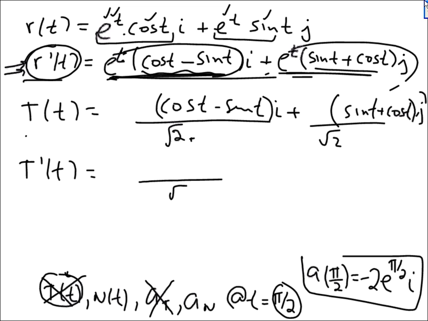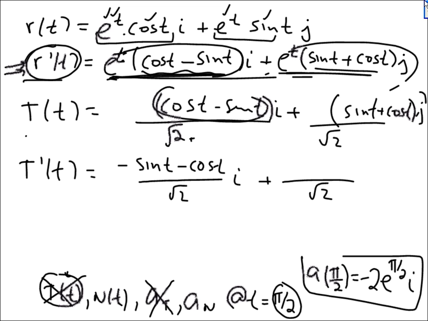The square root of 2's in the bottom just come along for the ride. Take the derivative of the tops. You get negative sine of t minus cosine of t over square root of 2 times i, plus the derivative of the top here, which is cosine of t minus sine of t. So now I have T prime.